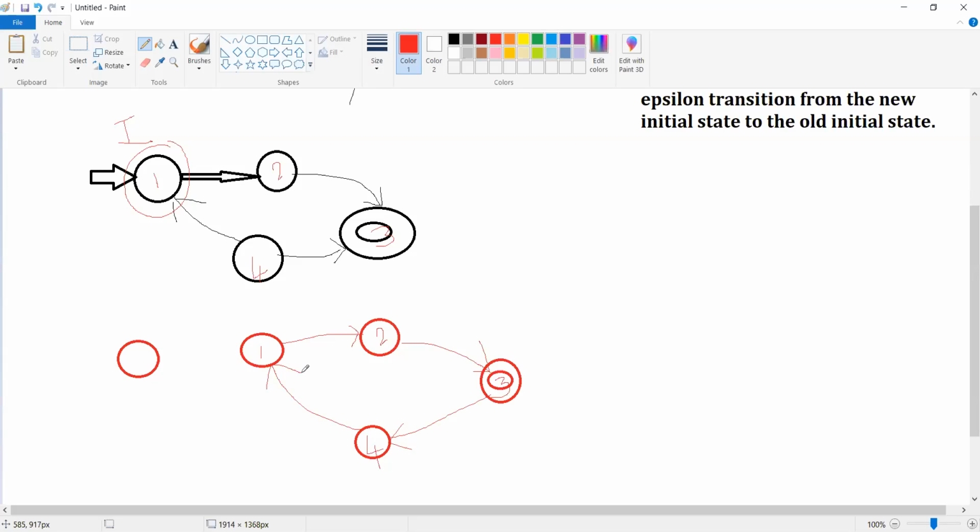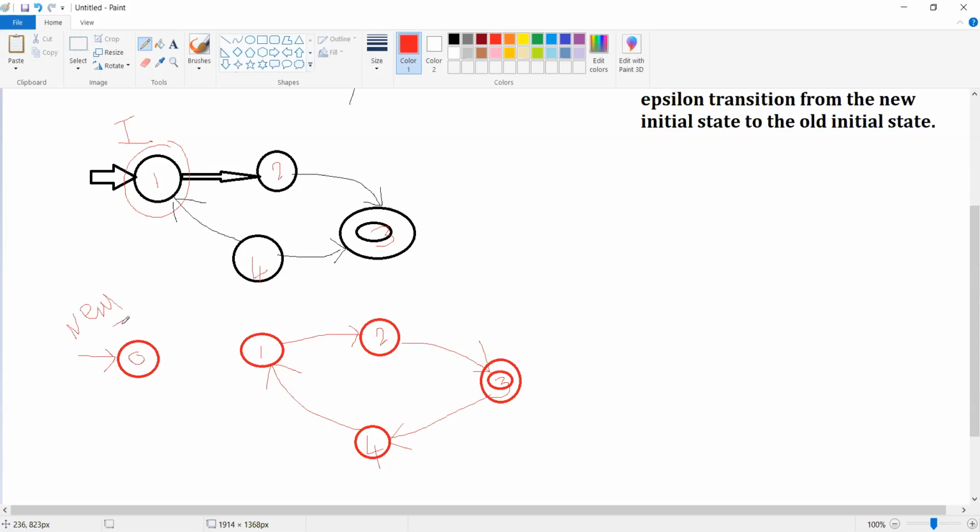Now, as this initial state has one incoming transition, we introduce a new initial state called 0.